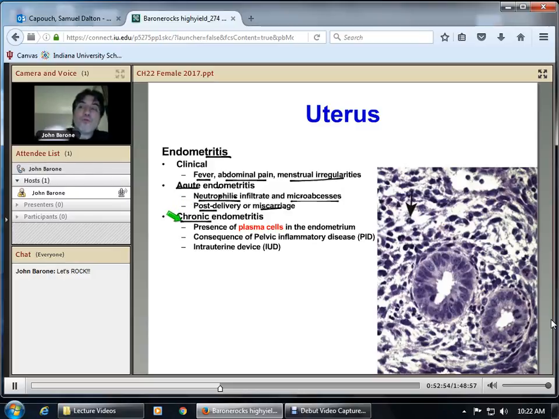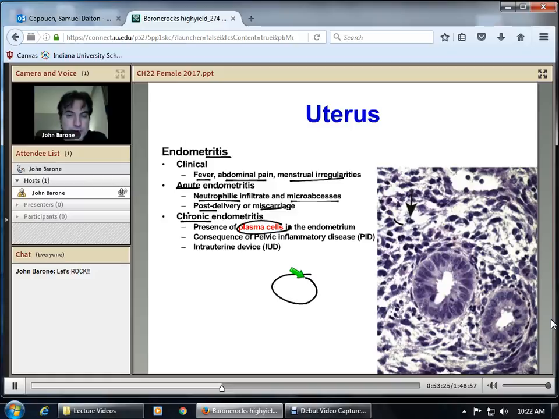Now, if it's chronic endometritis, what inflammatory cell? You think lymphocyte, right? No. Lymphocytes are normally found in endometrium. So we have to look for a different cell. To call it chronic inflammation, you've got to look for plasma cells. Lymphocytes are normal, plasma cells should not be seen. If you take a look here, kind of hard to see, but I think you can see it's got cytoplasm with a little bit of clearing, that's a plasma cell.